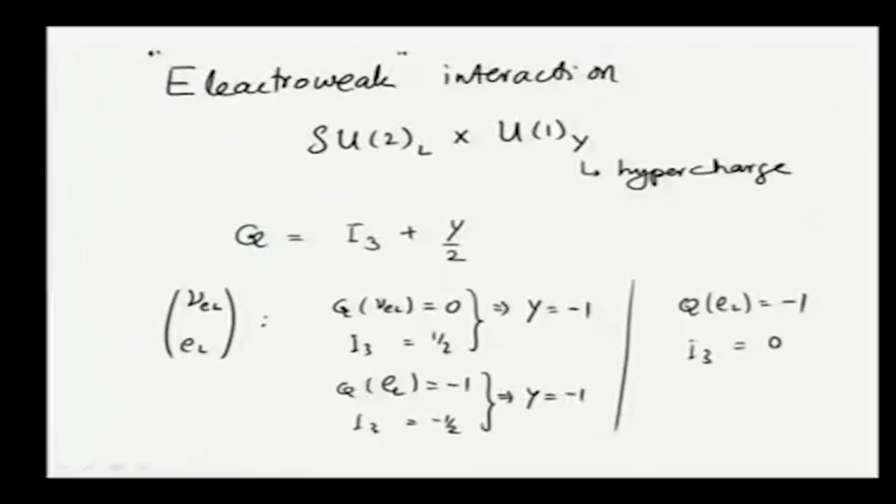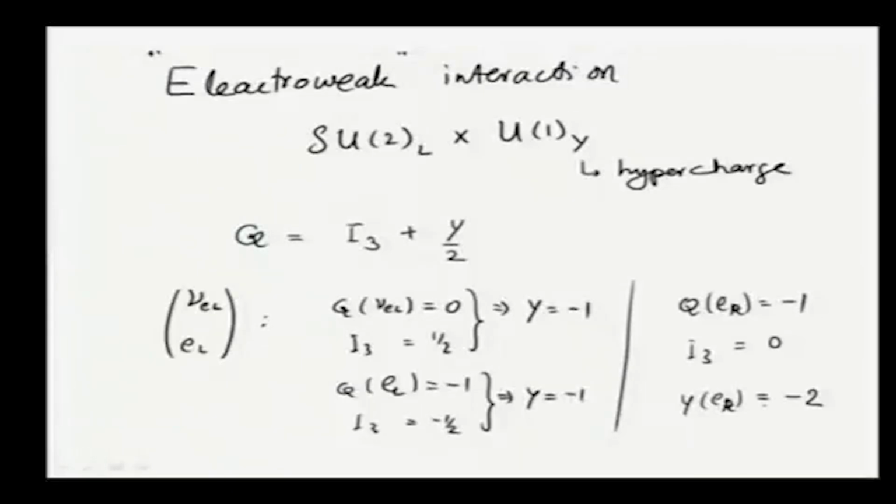I3 is equal to 0, therefore, Y of ER is equal to minus 2. So, that is it. There is a difference in the hypercharge assignment of the right handed electron that we are talking about. There is a difference in the hypercharge of the electron which is right handed and the electron which is left handed.